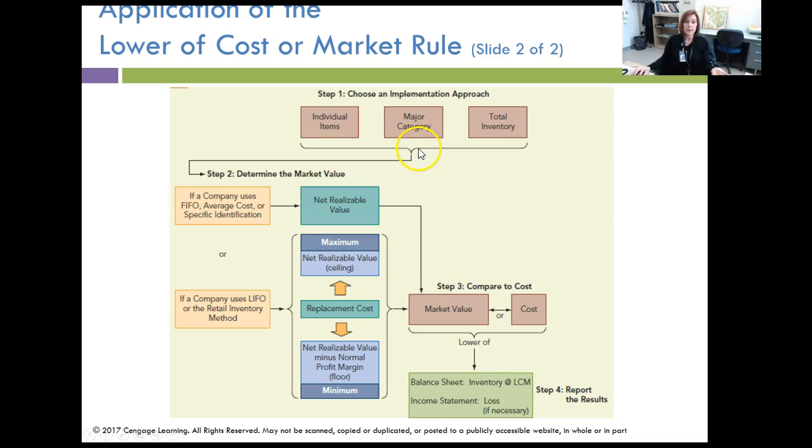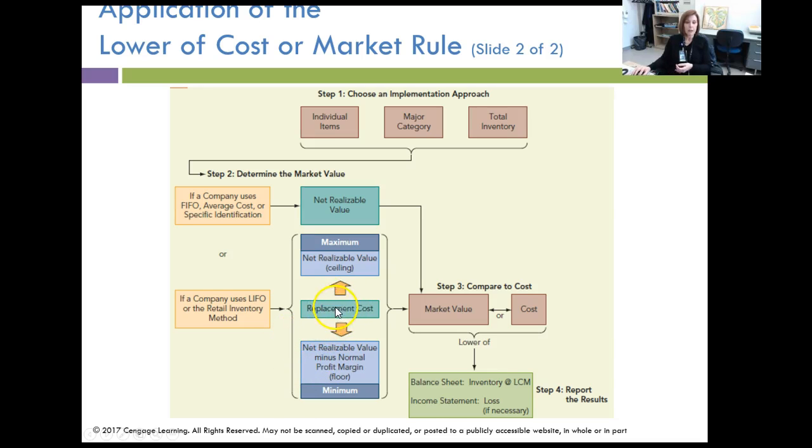Once we've made that decision, we have to determine the market value. If we're using FIFO, average, or specific identification, we use the net realizable value. If we're using LIFO or retail inventory, we're going to look at replacement costs, but still calculate the net realizable value as our ceiling, and then the net realizable value minus the normal profit margin as our floor.